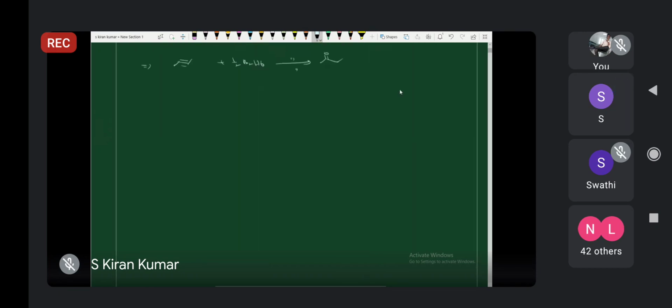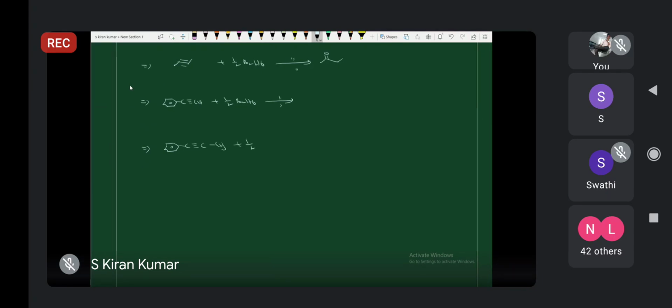phenylacetylene on hydroboration with oxidation. Phenylpropyne, hydroboration with oxidation. Next.